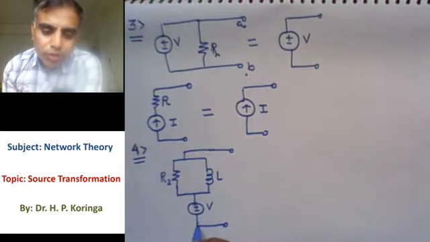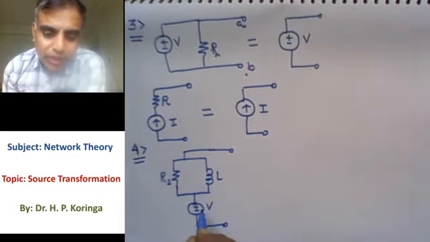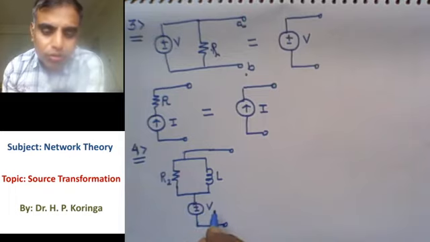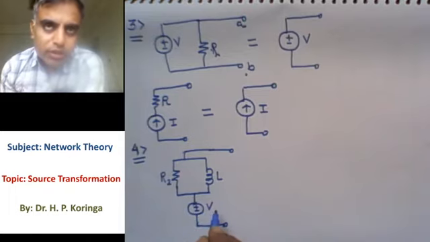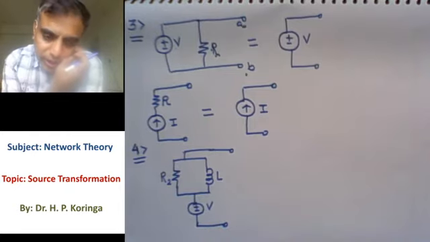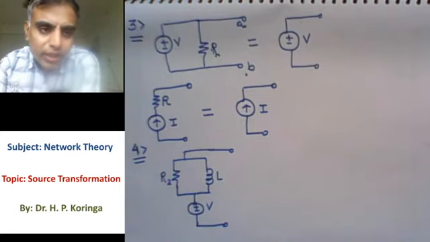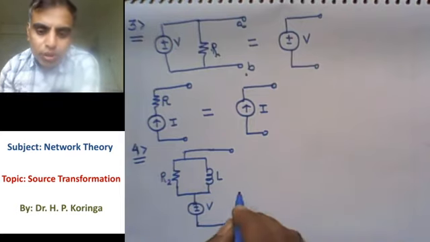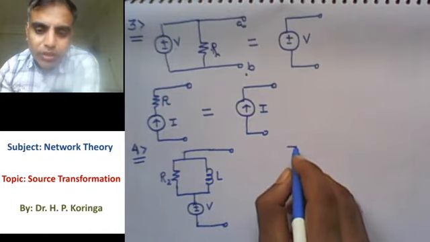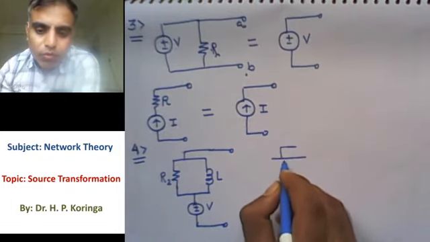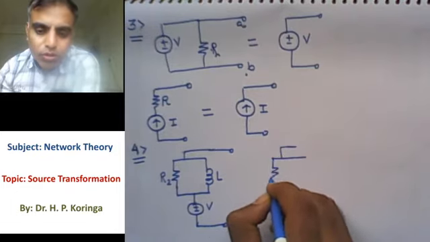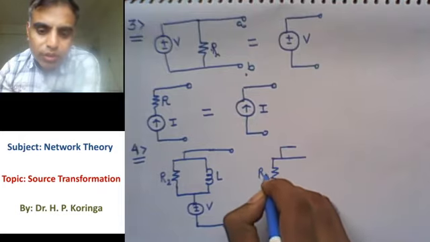Here we can convert this voltage source into two parallel voltage sources, because in the second rule we have discussed, if two or more voltage sources of the same value are connected in parallel, then they can be replaced by a single voltage source. So we can replace this one voltage source with two different voltage sources.